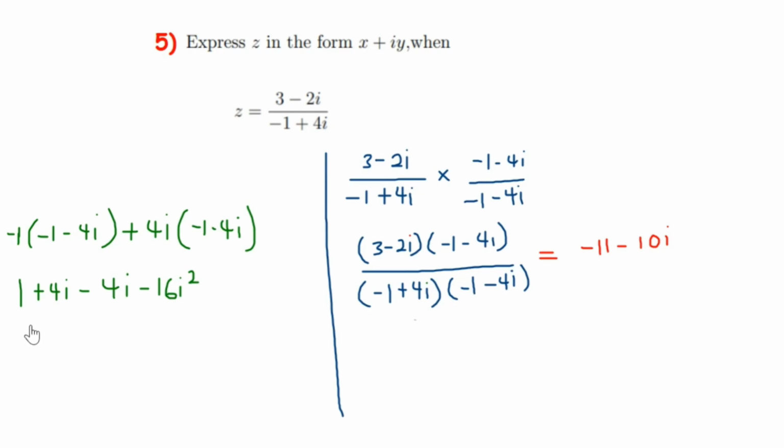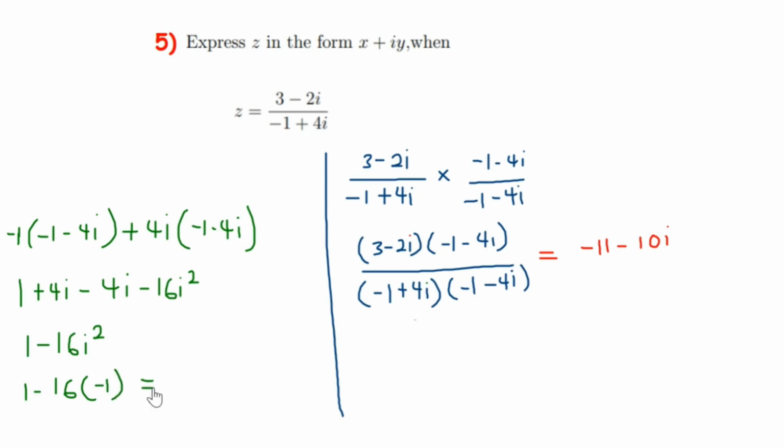At the end, we see that we have 4i minus 4i here, so they subtract each other and cancel out, giving us 0. So at the end, you have 1 minus 16i squared. But we know that i squared equals negative 1, so that is 1 minus 16 multiplying negative 1.